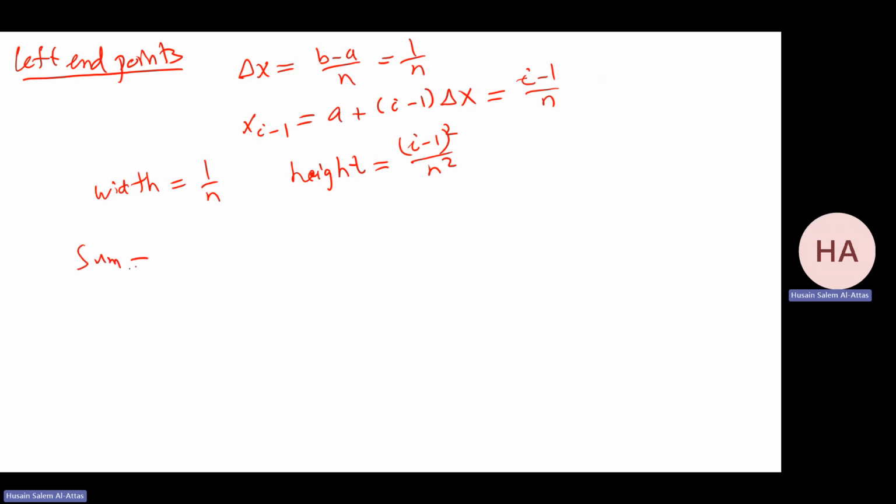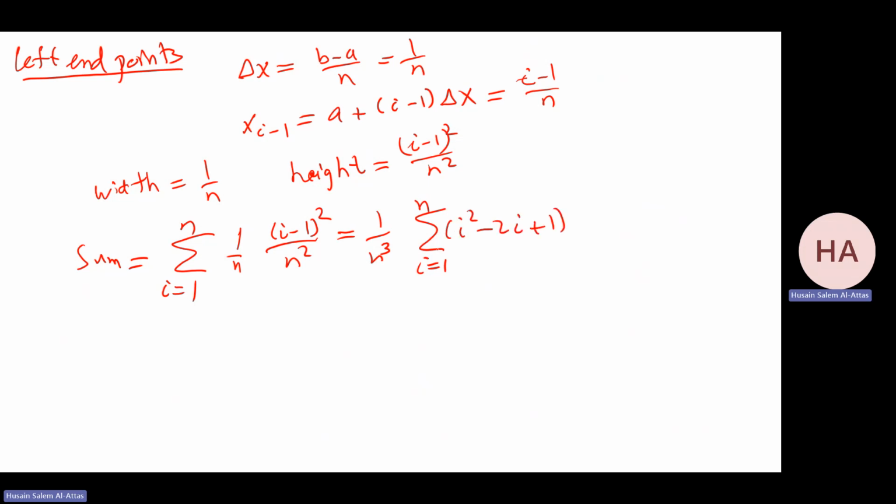The sum will be what? Summation i equals 1 to n, the width times the height. And that gives me what? 1 over n cubed, summation i equals 1 to n, i squared minus 2i plus 1.